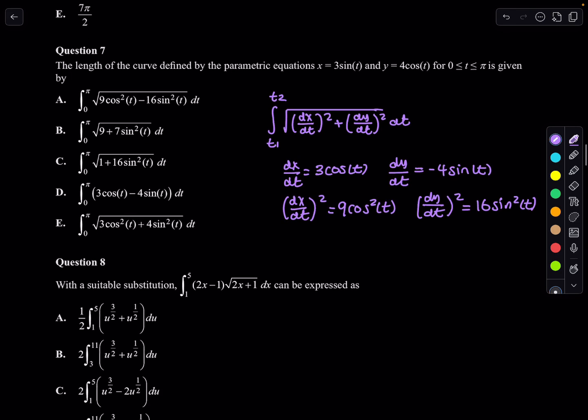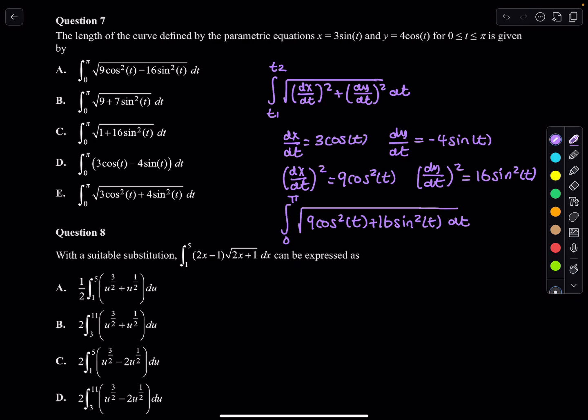All right. So putting it in our formula, t1 is 0 to pi, the square root of adding these two up, which is 9 cos squared t plus 16 sin squared t, dt. So what's that going to be equal to?